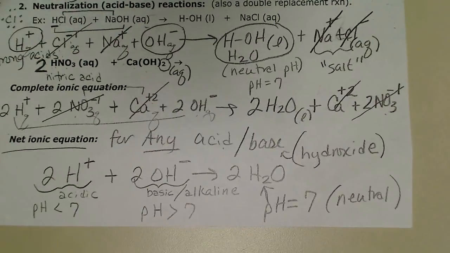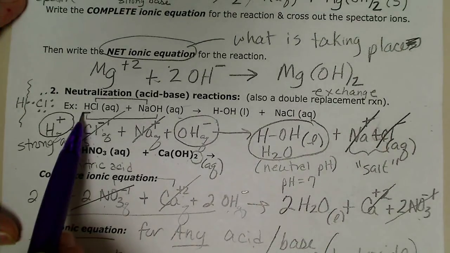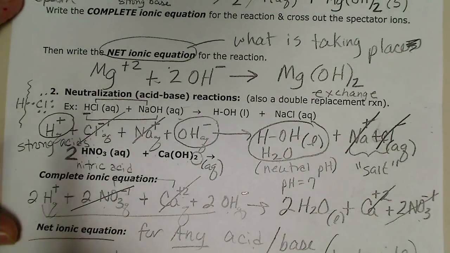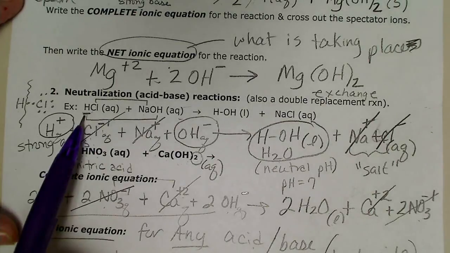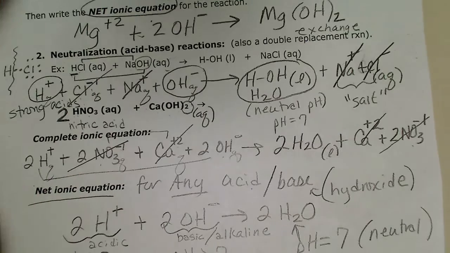We are going to study acid-base chemistry in 2 chapters next semester. But for now, we just want to be able to recognize an acid-base reaction. An acid always has an H written in the formula at the beginning, and a hydroxide base is going to have an OH minus in the formula.